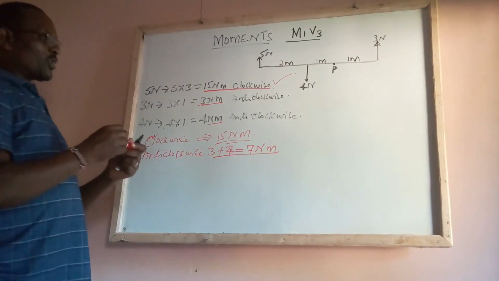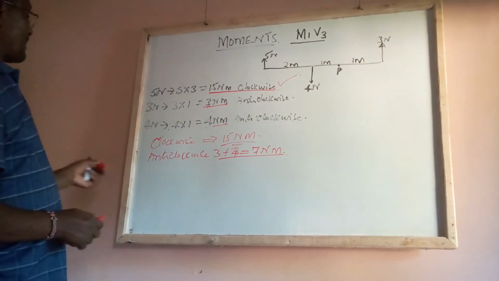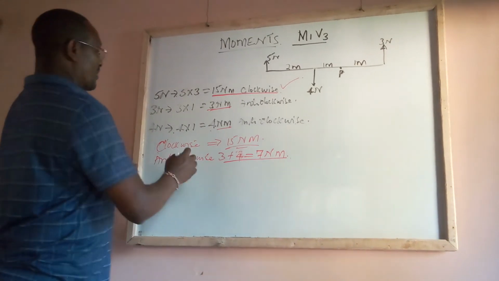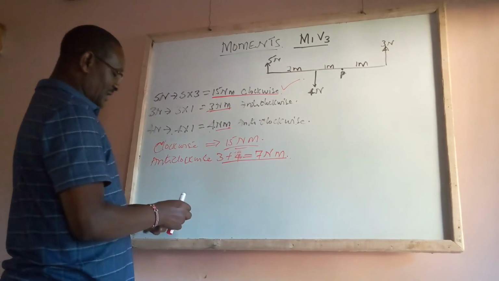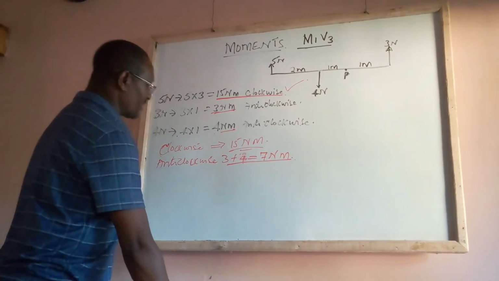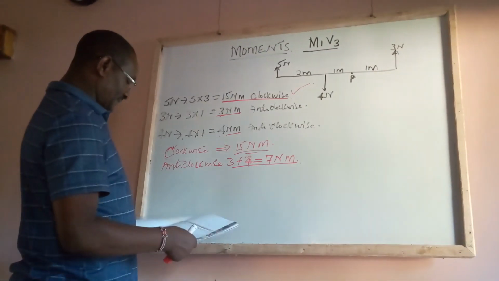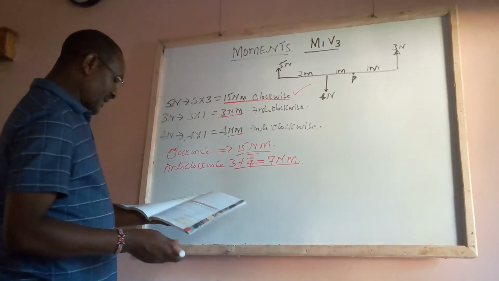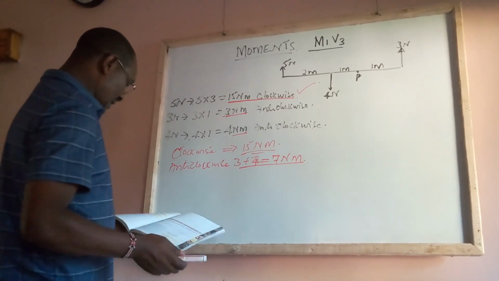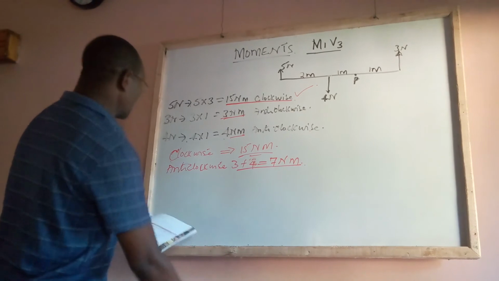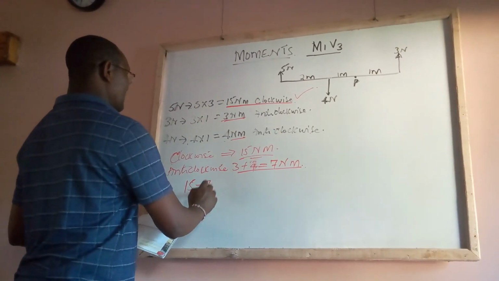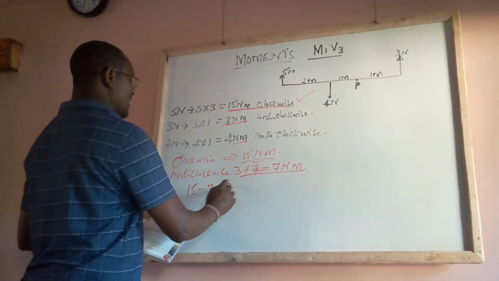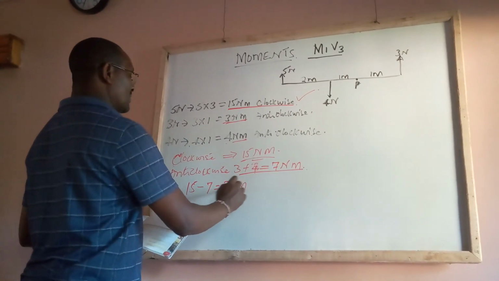What about the resultant moment now? Of course, the resultant moment is 15 minus 7, which is 8 newton meters.